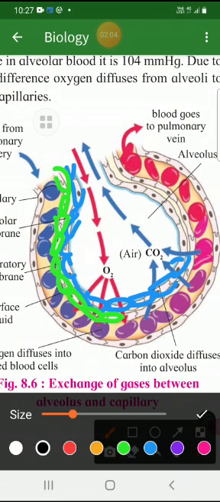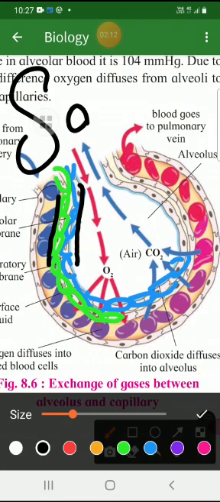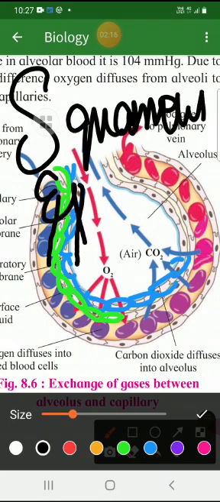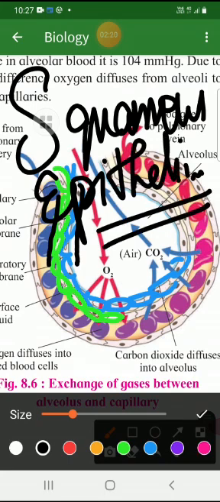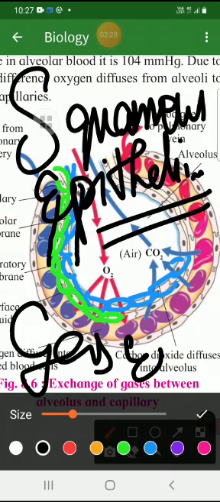सो व्हाई इज इट लाइक दैट? जो ये लेयर है और ये लेयर है, ये दोनों लेयर are made up of squamous epithelium, right? They are made up of squamous epithelium, and they are responsible for gas exchange.